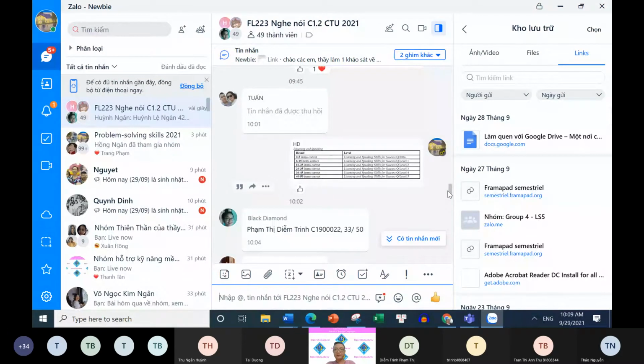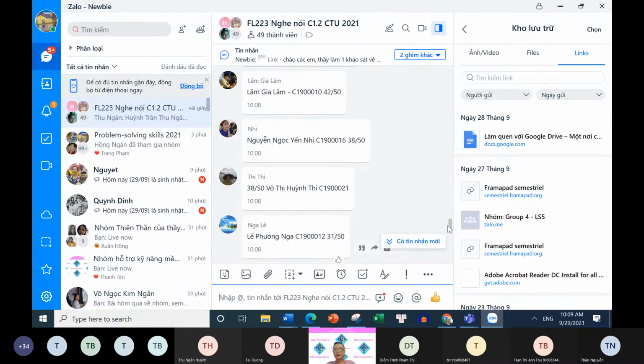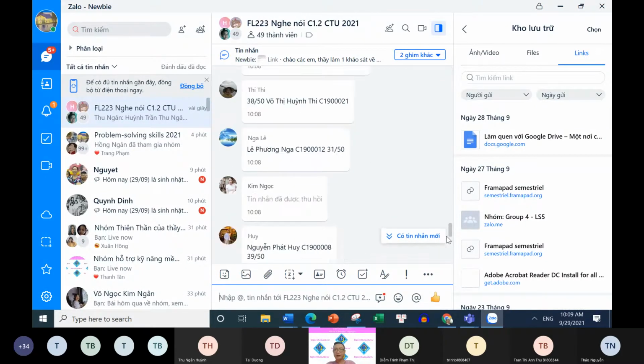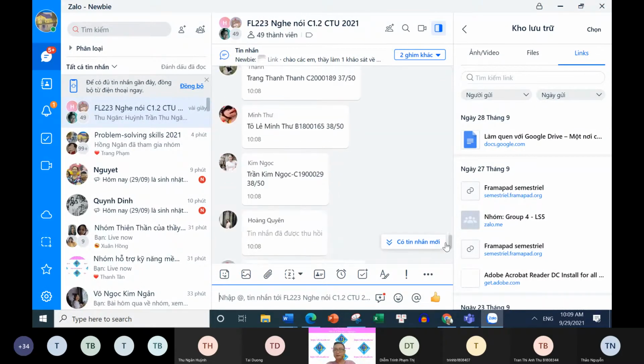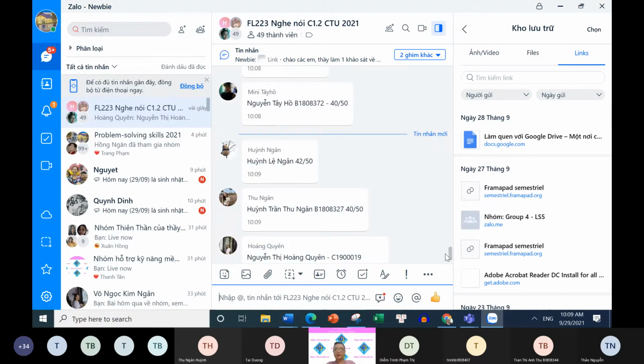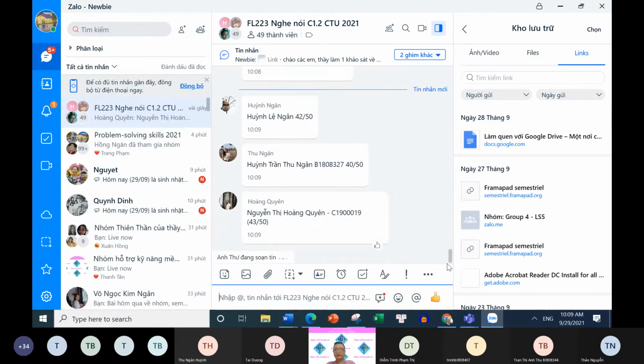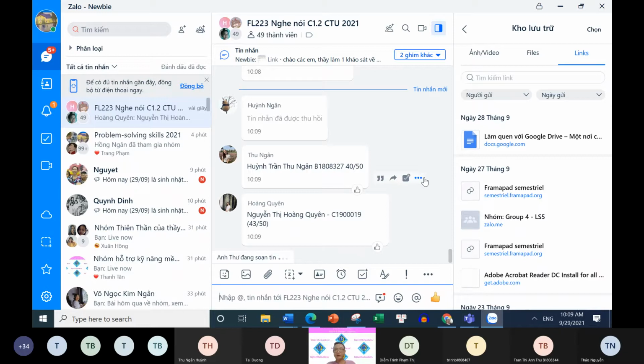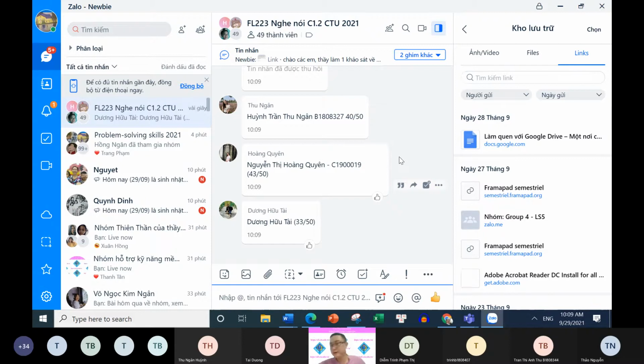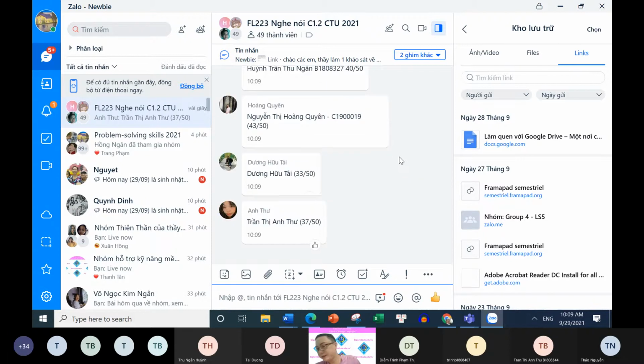If you have more than 46 items correct, this means you are really over the requirement. And if you are in level 4, it means you are in between. Okay. So finished? Yes, that's good. Thank you.